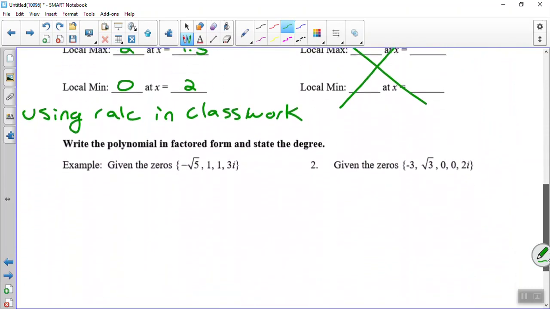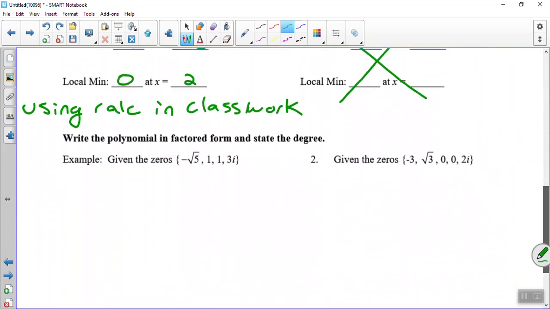All right, so the last thing is, let's write a polynomial function in factored form and state the degree given zeros. So there's something we got to remember here. You see a radical, you see an imaginary, okay? So remember with imaginary, if 3i is a root, that means negative 3i is also a root.